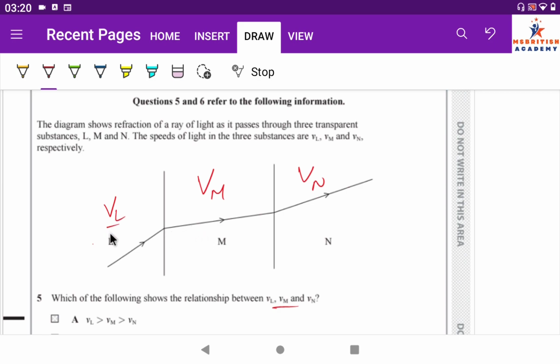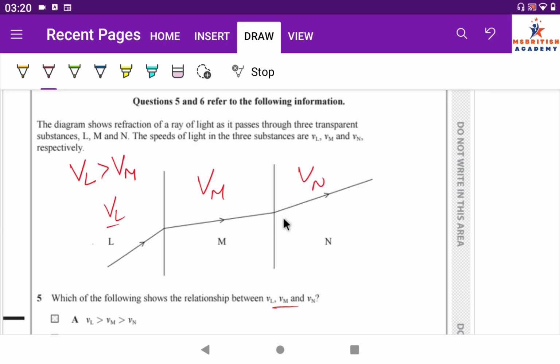And in the rarer medium, the speed of light is faster than in the denser medium. So you can say VL is greater than VM.